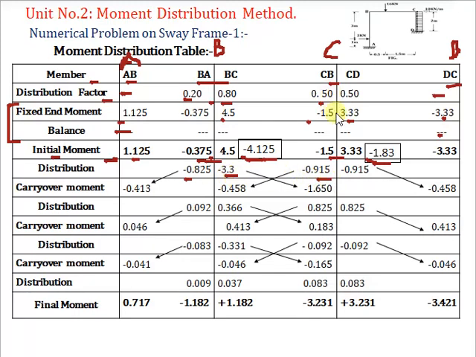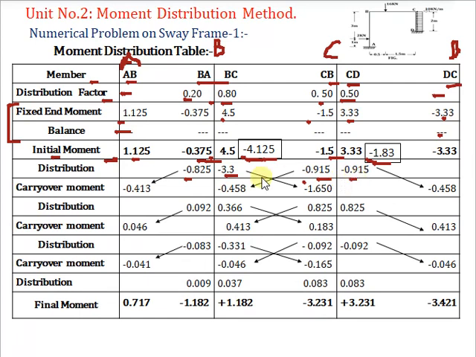Now for joint C, distribution moment for CB is distribution factor 0.5 into minus 1.83, which is minus 0.915. Distribution moment for CD is distribution factor 0.50 into minus 1.83, which is minus 0.915.